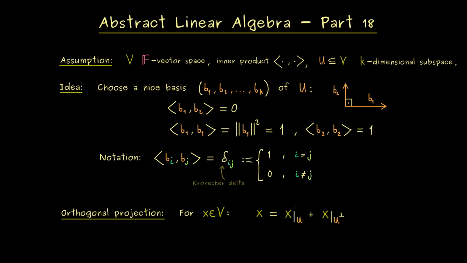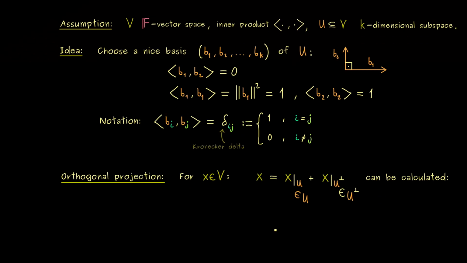The first part, x_U, is an element in the subspace U, and the second part is perpendicular to this. Therefore, we call x_U the orthogonal projection of x onto U, and the other part the normal component.